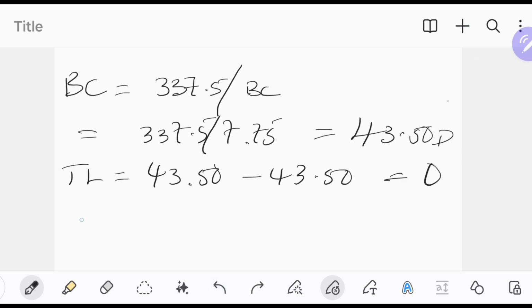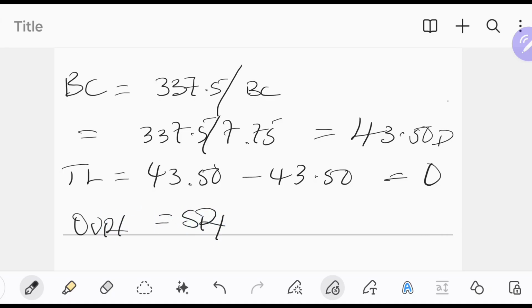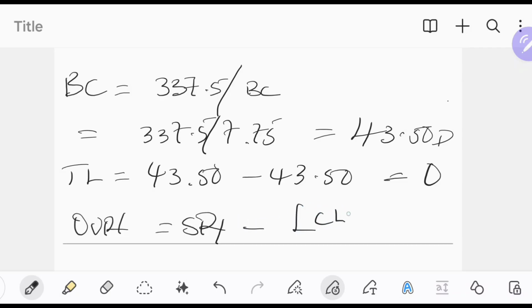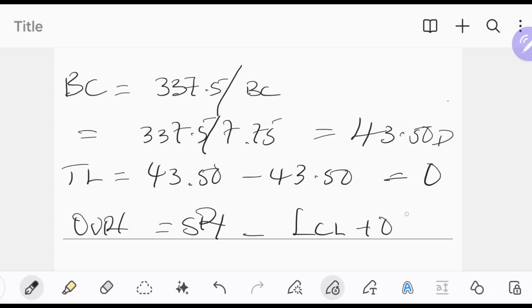So our formula is over-refraction is equal to our refraction results, the spectacle lens prescription, minus our contact lens plus our tear lens in brackets. So we've gotten everything. So what are we going to do now?